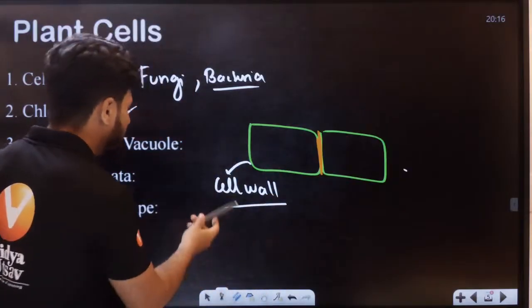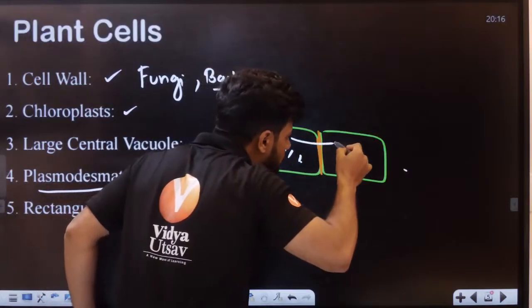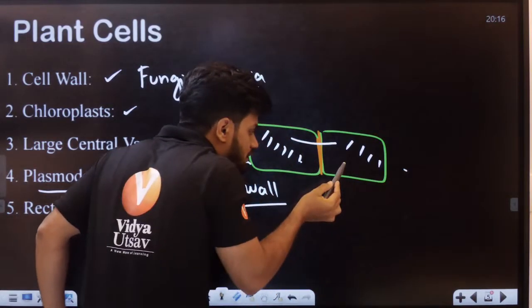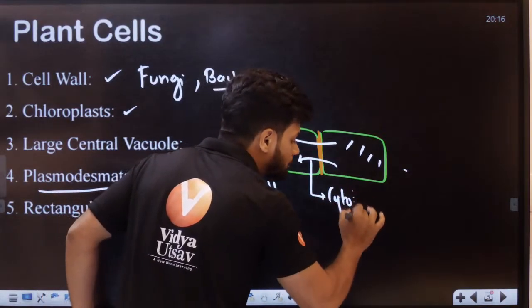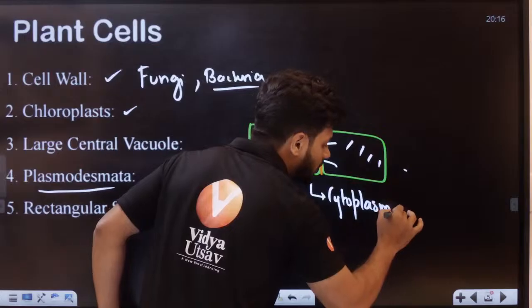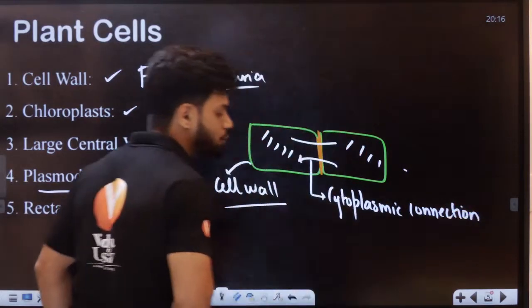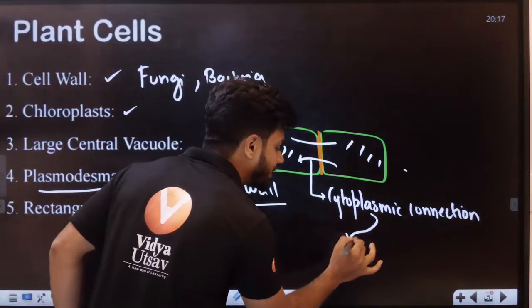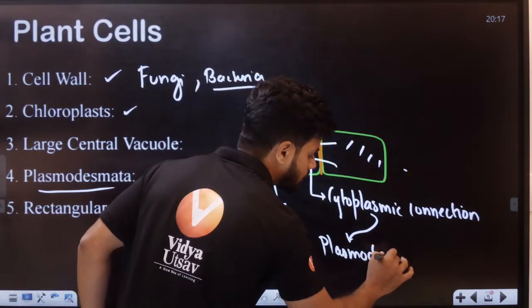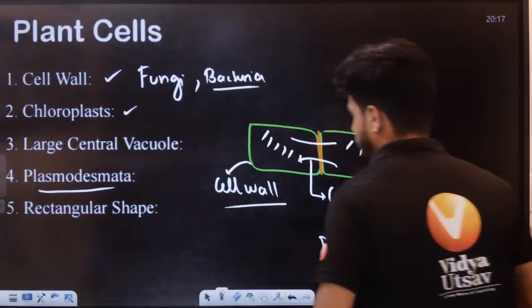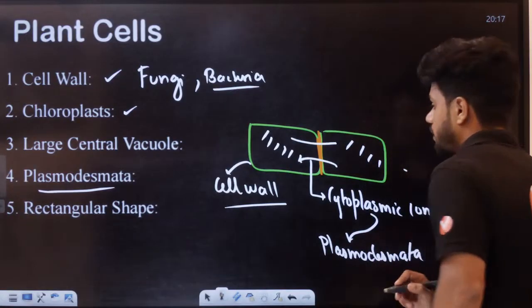That is, the cytoplasm here is connected to the cytoplasm here. This cytoplasmic connection, students, has another name: plasmodesmata.